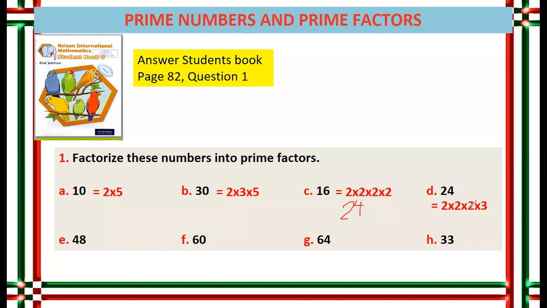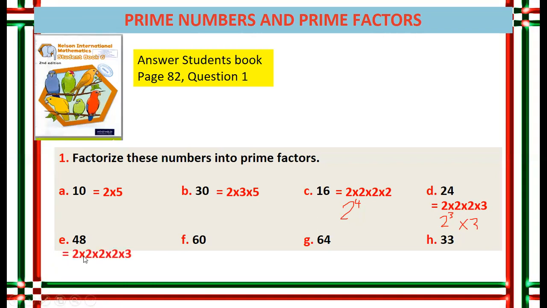And 24, 2 times 2 times 2 times 3. Or we can write it as 2 cubed times 3. I'm sorry, this one is power. Okay, I will write it again. Power of 4.